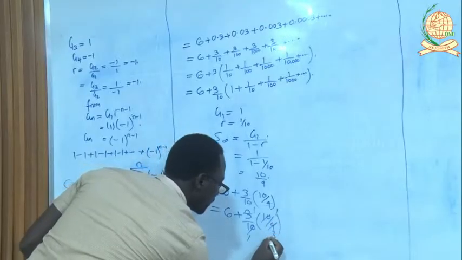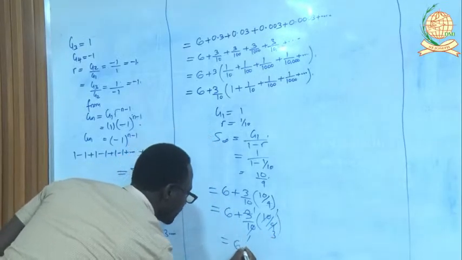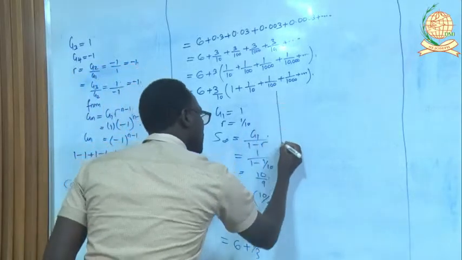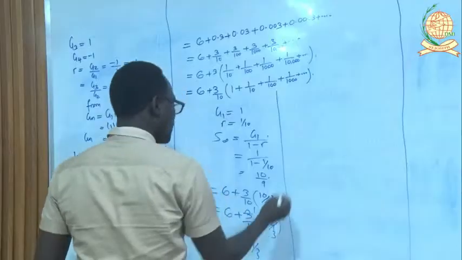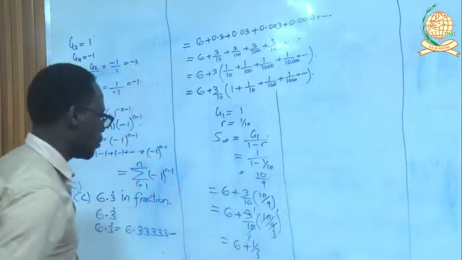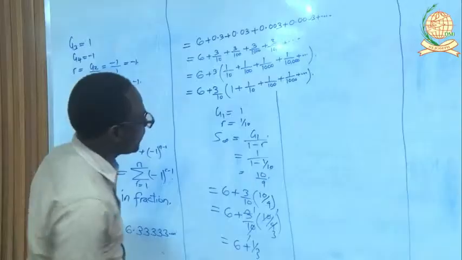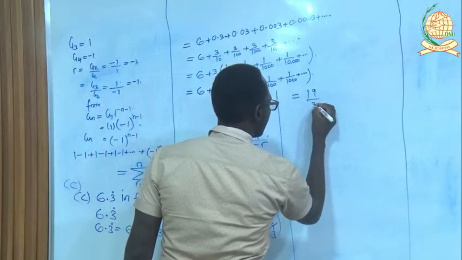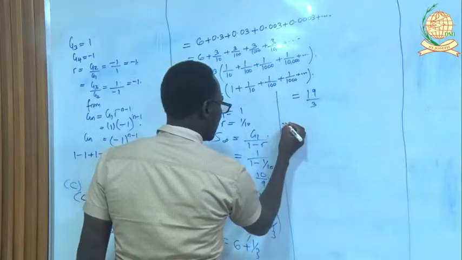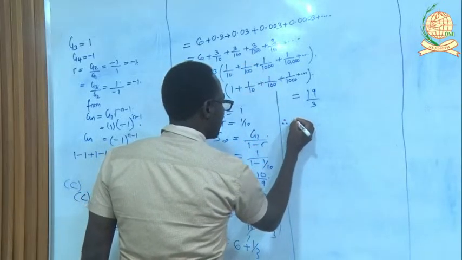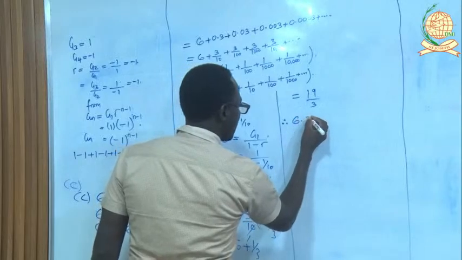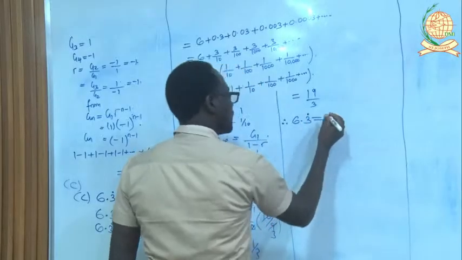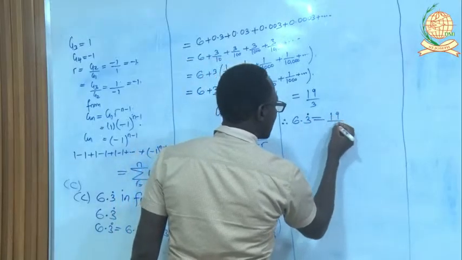You are going to have 6 plus 1 over 3, which is 19 over 3. Therefore, 6.3 repeated as a fraction is equal to 19 over 3.